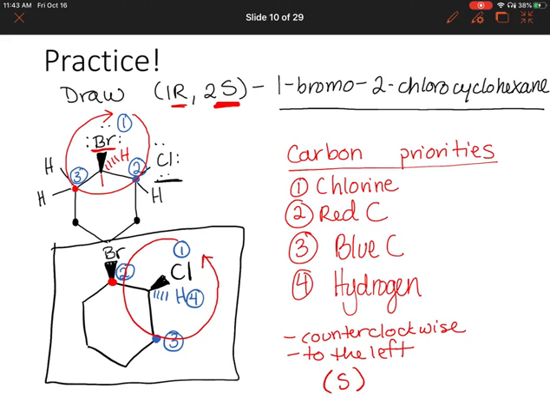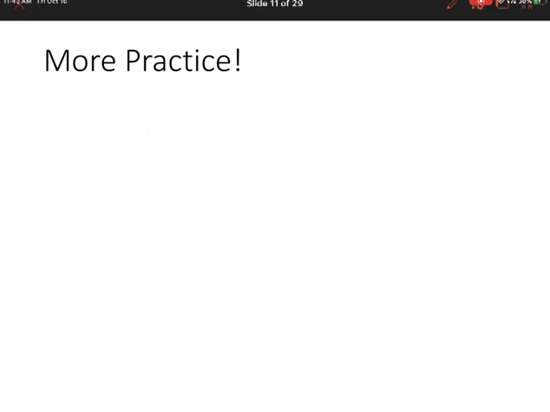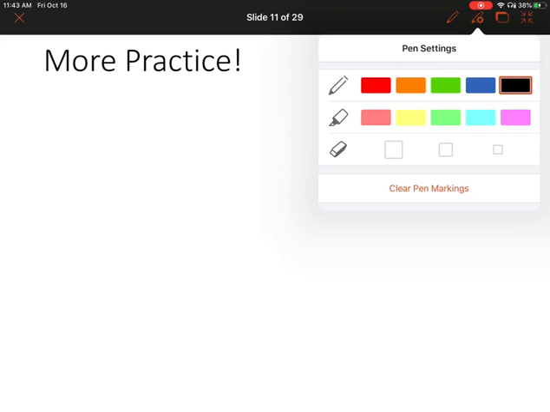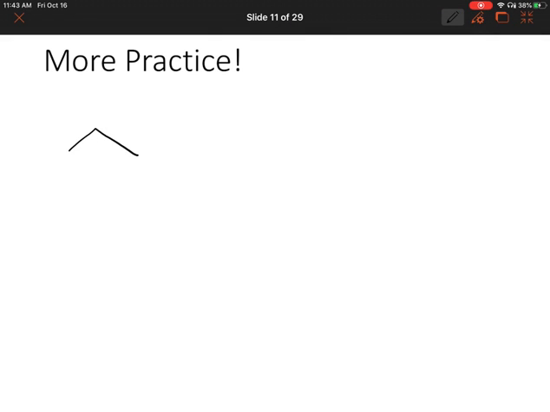Let's do one more practice problem. So I'm going to draw another molecule. Here we have 4 carbons, and carbon 2 and carbon 3 both have chlorines attached.